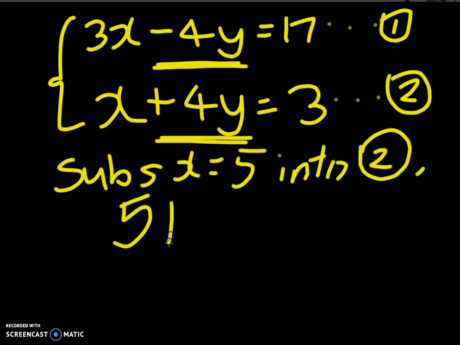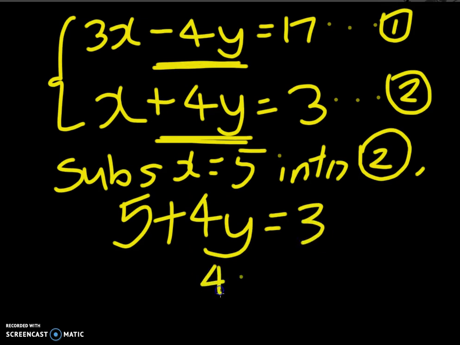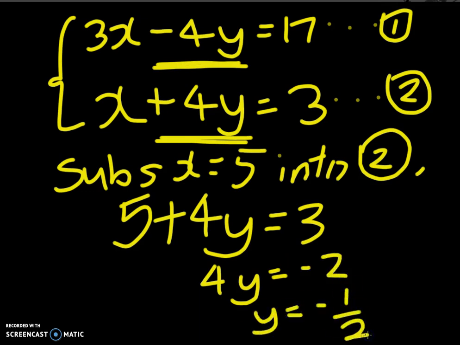So 5 plus 4y equals 3, and 4y equals negative 2, and y equals negative half. So now our answer is x equals 5, y equals negative 1 over 2.